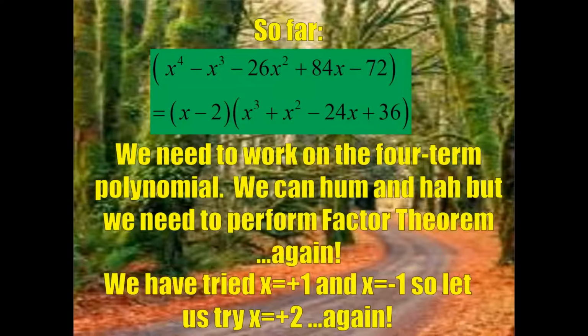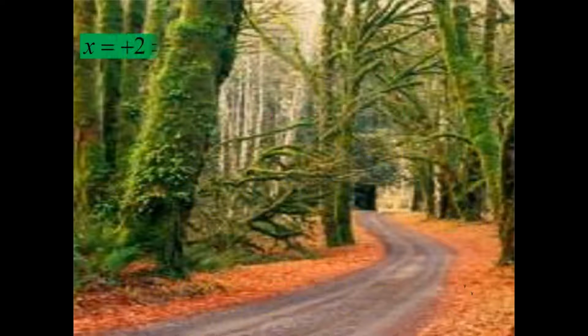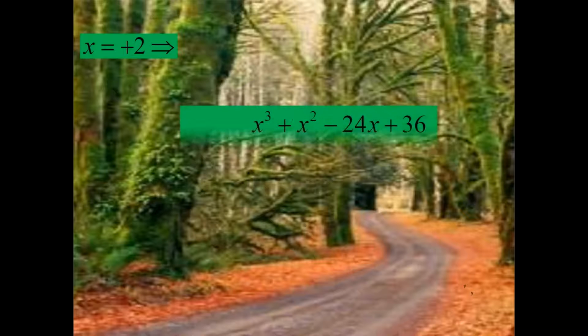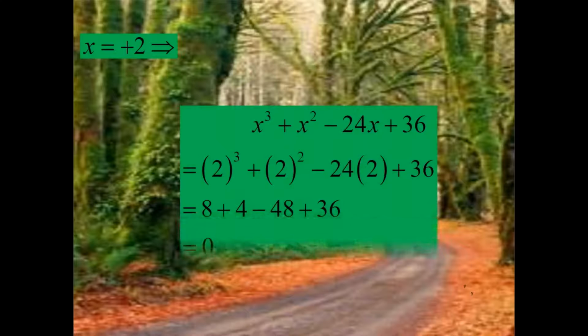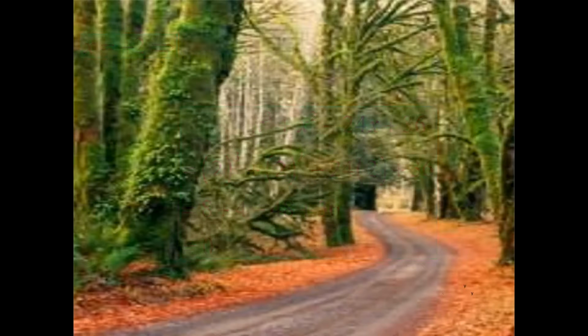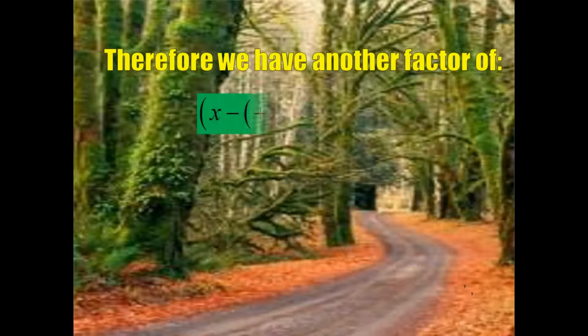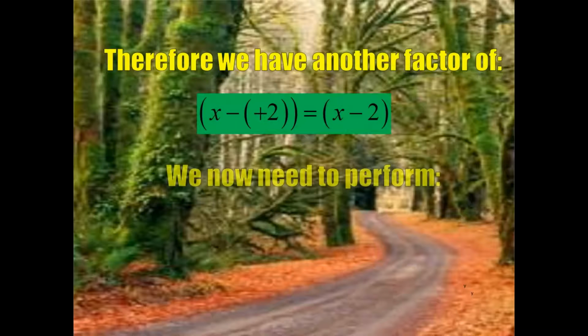We've already tried plus 1 and minus 1, so let's try plus 2 again. And it's not quite as long, not quite as complicated, but thankfully we do get 0. So we need to take that 4-term polynomial and divide by the factor, which once again will be x minus plus 2, or x minus 2.